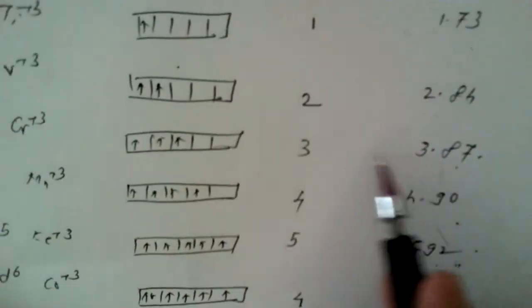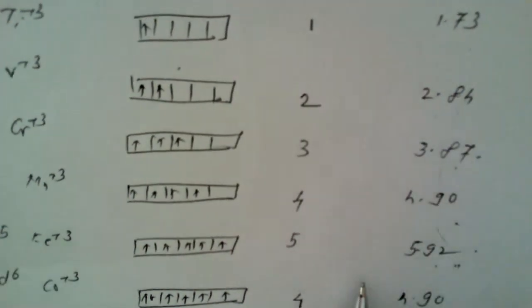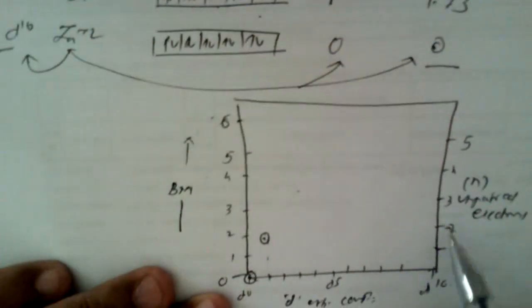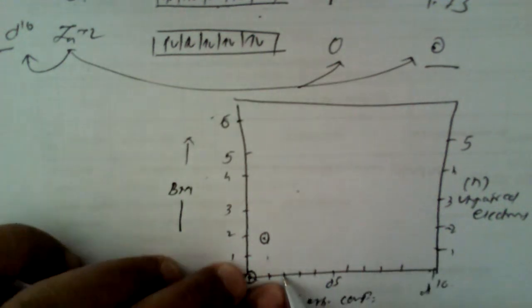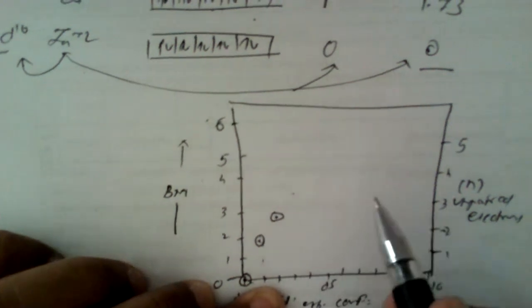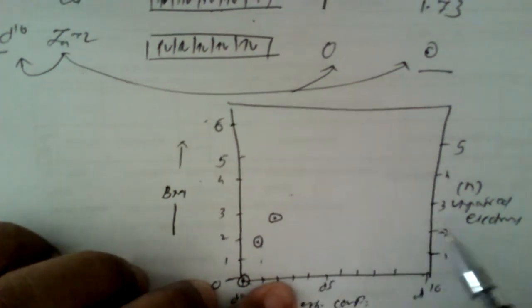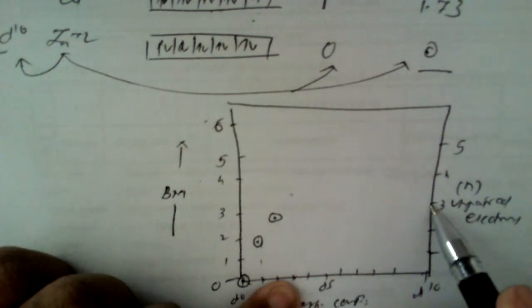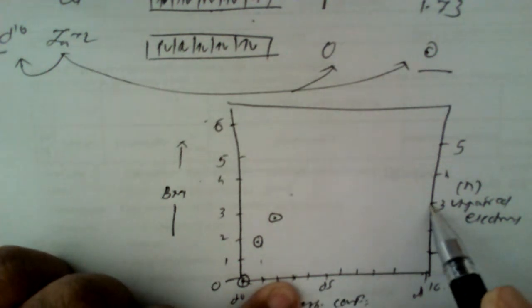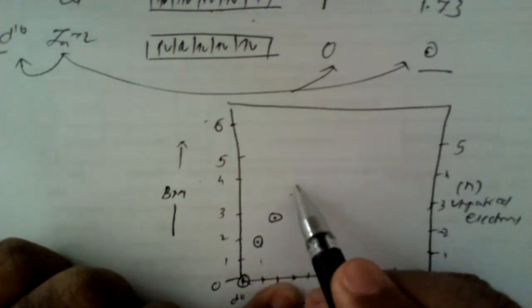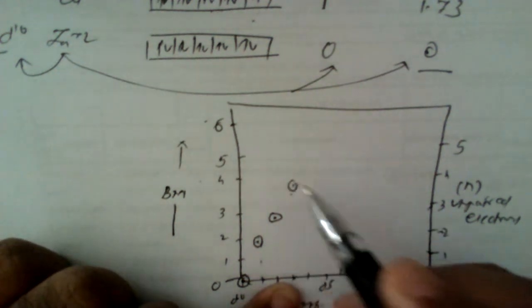For two unpaired electrons, D2 case, it is 2.84. Then for D3 case, total number of unpaired electrons are 3, and it is 3.87 here.